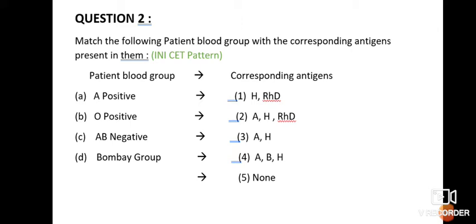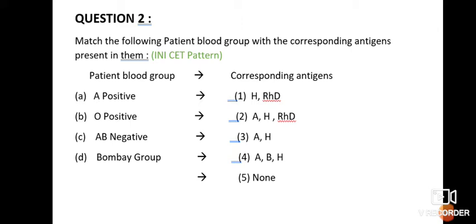This is an important kind of question which has been asked in previous AIIMS exams, and since the recent INI-CET pattern was mostly AIIMS based, this would be helpful for the forthcoming INI-CET exams also.